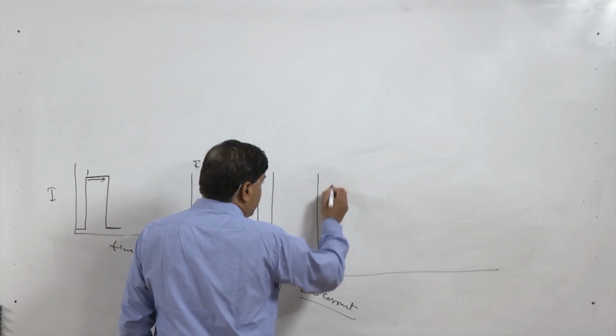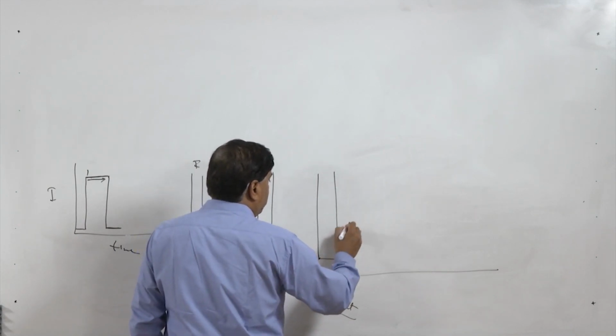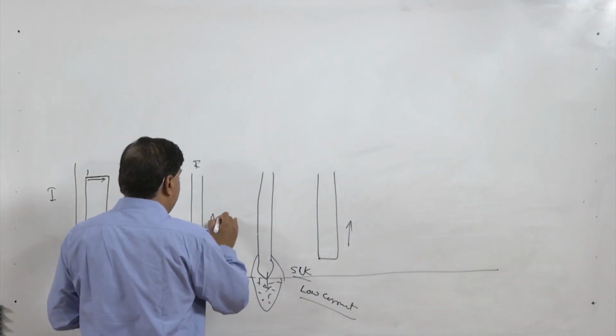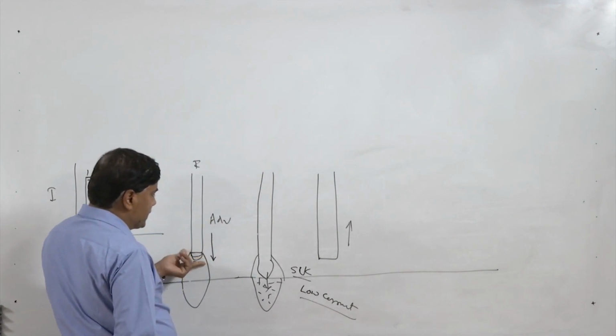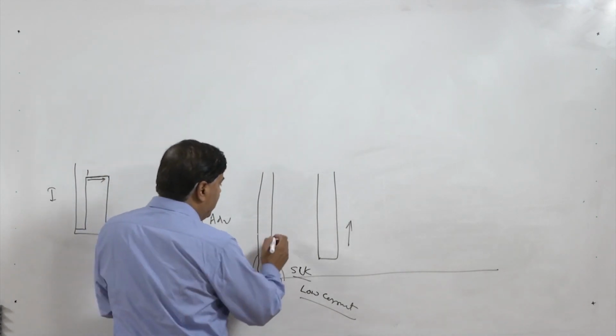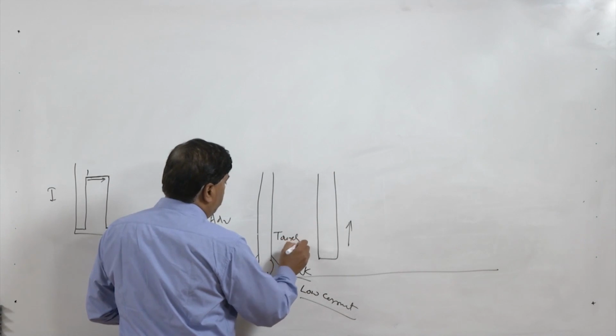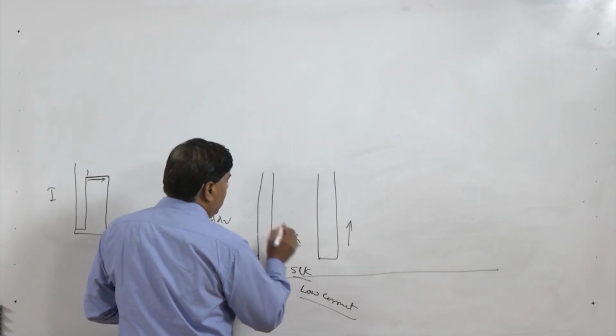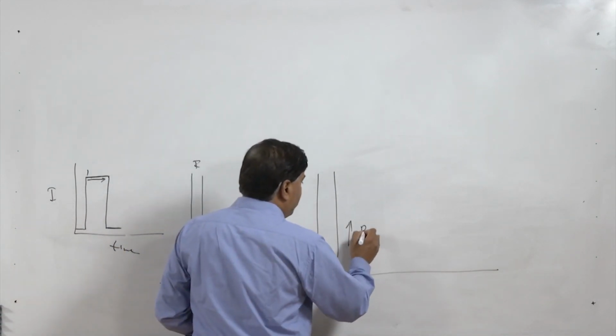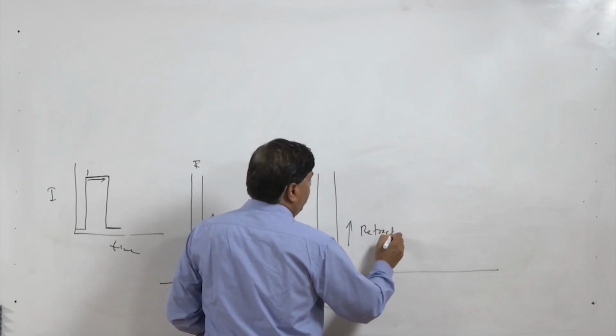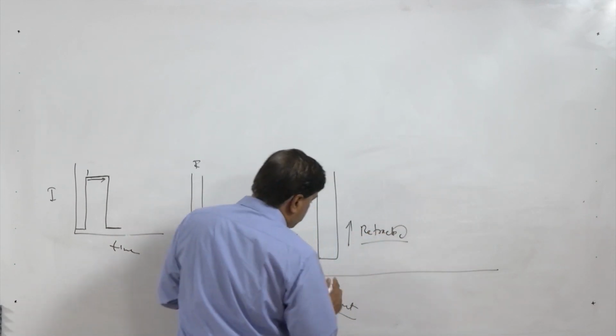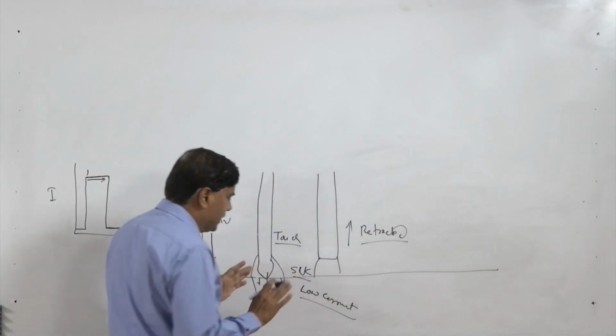So the electrode is brought back. So first it is advanced, once the sufficient drop size is developed, and then it touches the pool, so short circuiting takes place. And third, it is retracted or withdrawn, so again the gap is established.